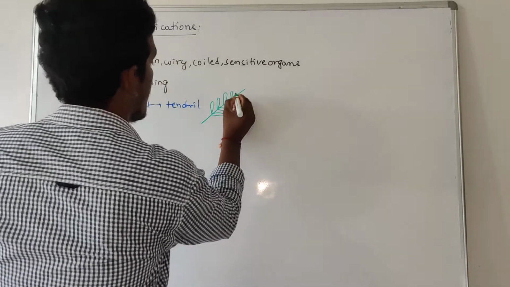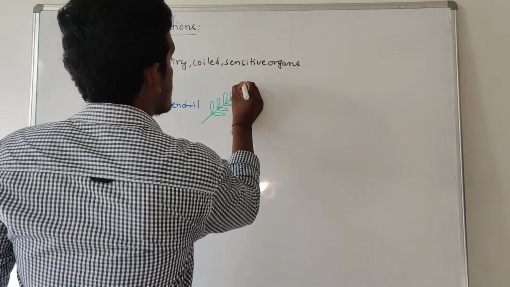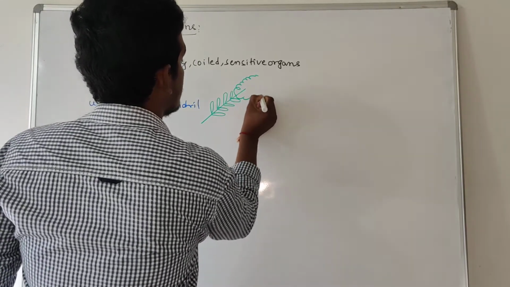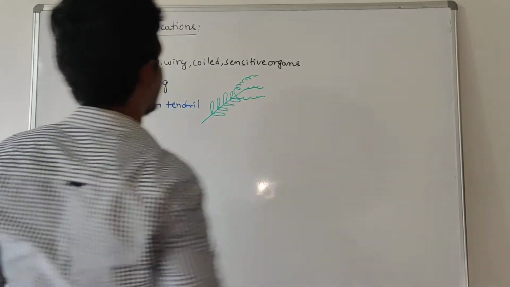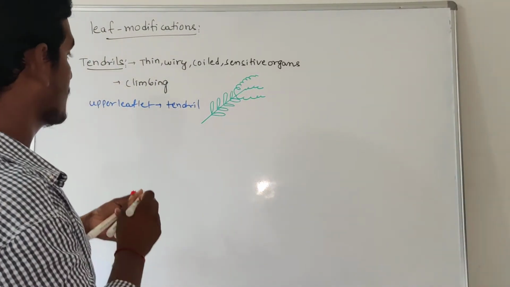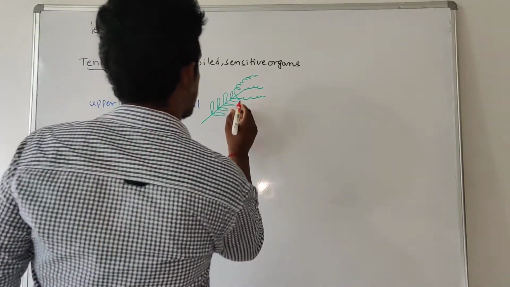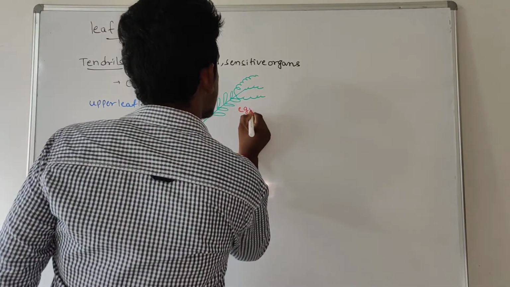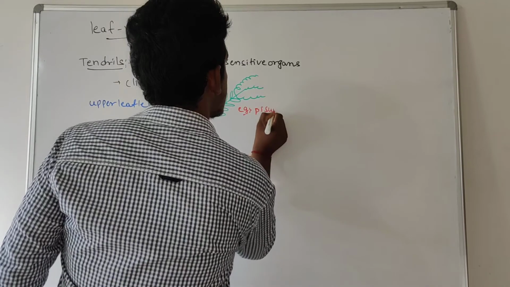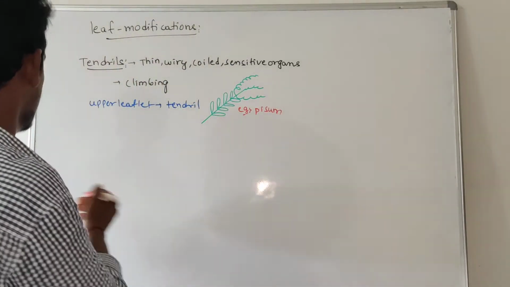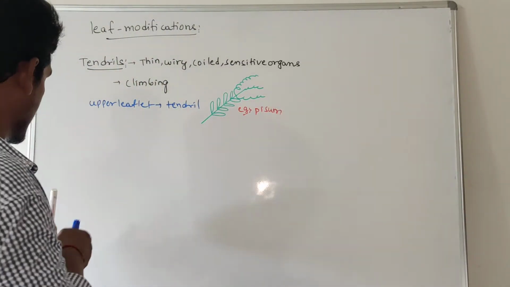Here the upper leaflet is modified into tendrils. So the example for this one is pisum. Right?